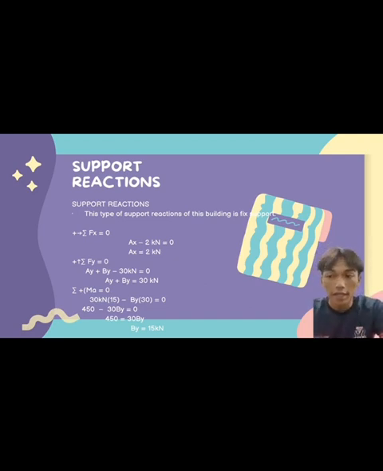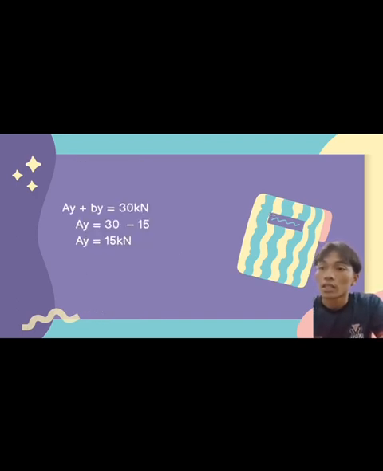So By is 15 kilonewton. Ay plus By is equal to 30 kilonewton. Ay equal to 30 minus 15, and then Ay is equal to 15 kilonewton.